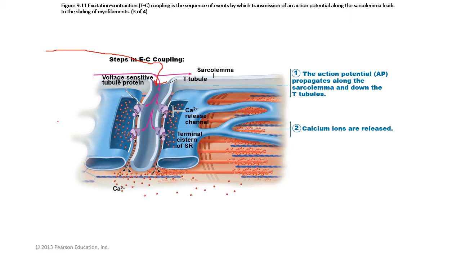All right, so upon entry of that T-tubule, it's going to come in contact with those triads of protein, and because this is like that electrical volt, it's going to cause the triads of protein to change shape and release calcium.